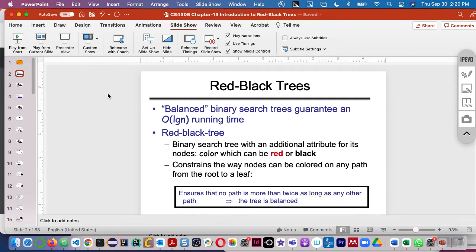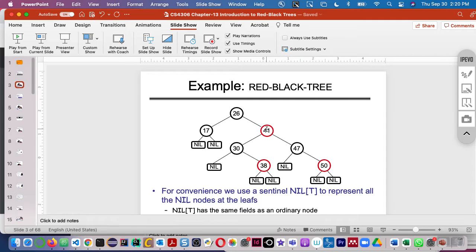So in a red black tree, all of the nodes contain, in addition to data, the following. We know that in a BST a node contains a parent reference, and then left child and right child references.